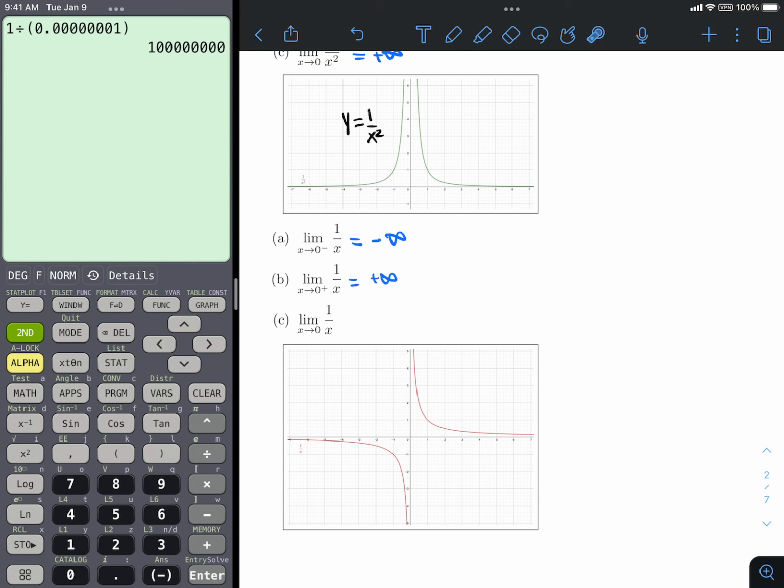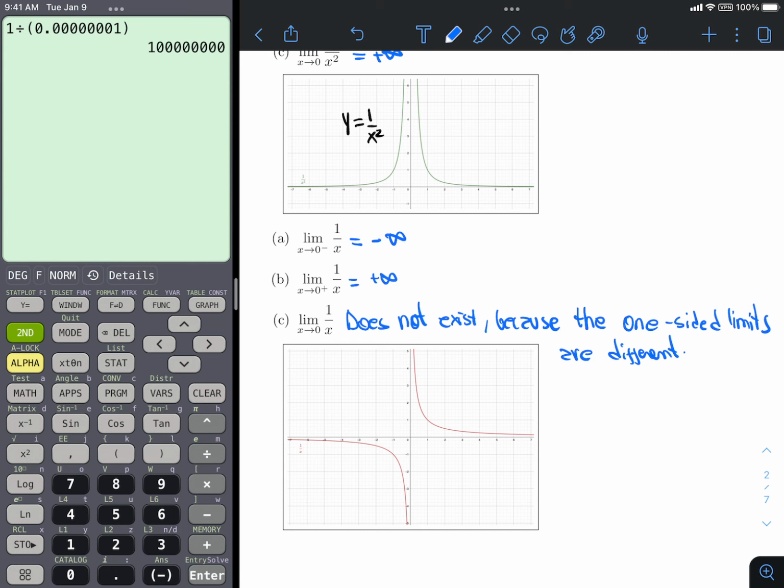Now, the two-sided limit, the one without choosing a side, does not exist because the one-sided limits are different. Again, we are still saying that the one-sided limits don't exist because they equal infinity.